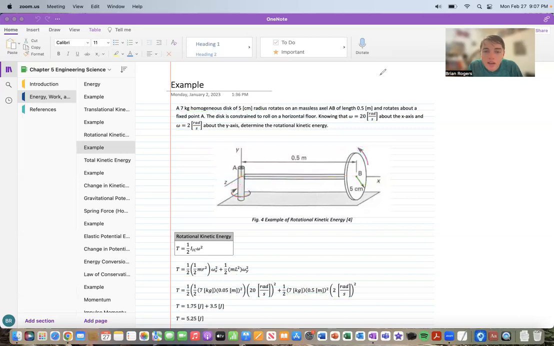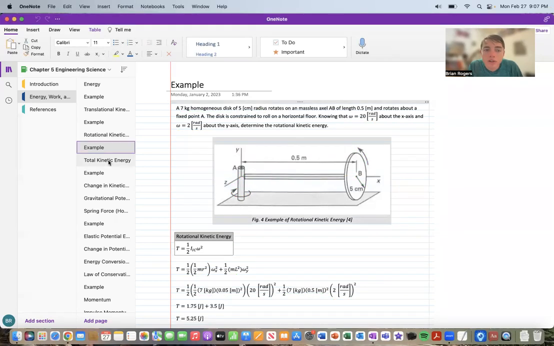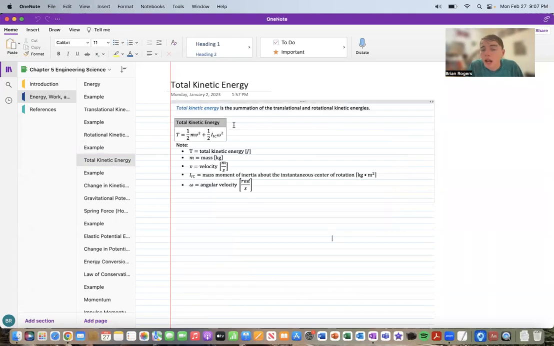Okay, now that we saw that, as I repeated before, the total kinetic energy is the summation of the translational, moving on a specific axis, and rotational, so moving about a center point, kinetic energies. So we can see if you have to find the total kinetic energy, you sum the two together.